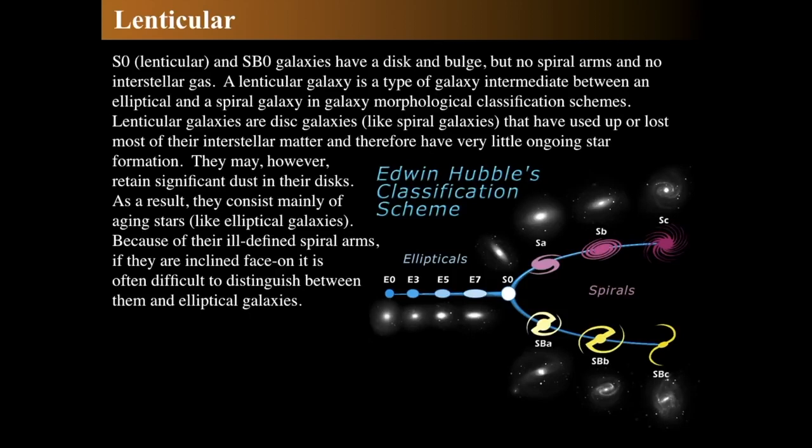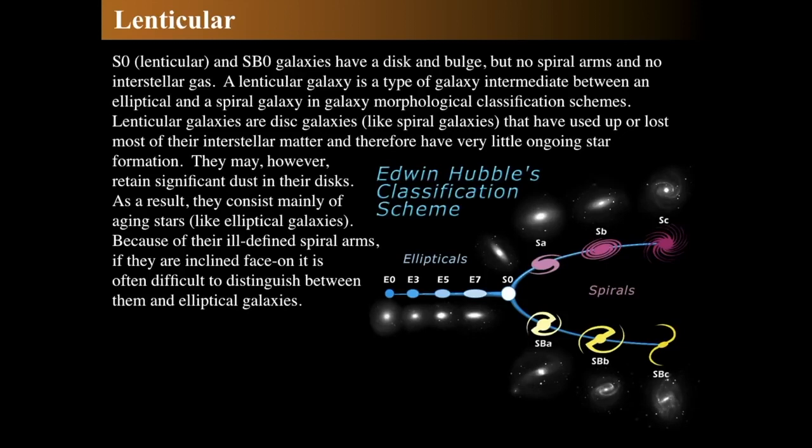So a lenticular can have dust lanes, even though there's almost no star formation going on. That means the hydrogen gas is gone, but there's still dust left over, which is interesting. Because they have very ill-defined arms, if they're face on, meaning you see most of them from the side, you won't necessarily see that dust, and a lenticular can easily be mistaken for an elliptical.